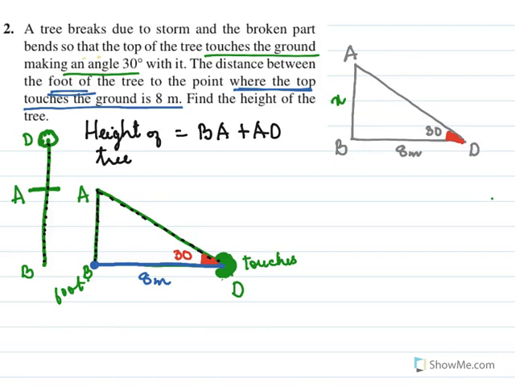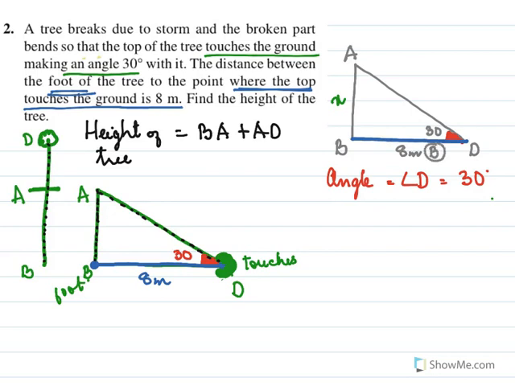Now what do we use? Sine, cos or tan. So for that we'll write the angle D, which is 30 degrees. What is given to us here is BD, and you know BD for 30, what is BD?